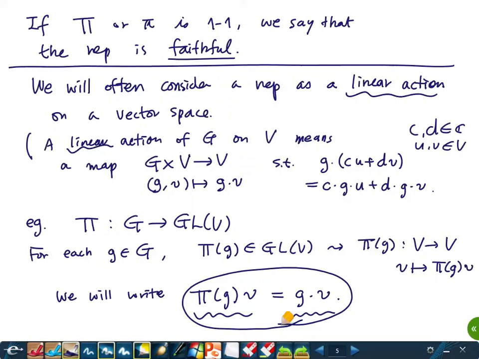That way we feel like, oh, we understand him better. So representation theory is something like that. We don't just look at the group or algebra itself, but we look at how this group or algebra interacts with a vector space. That's, I think, the philosophy of representation theory. Okay?